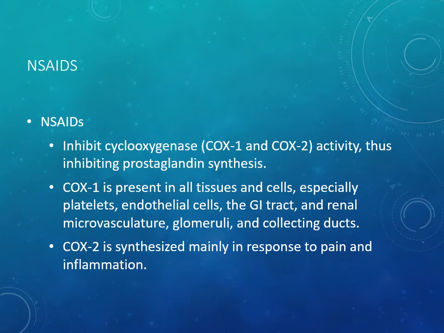However, back in around 2004, two of them, Vioxx and Bextra, were taken off the market because of their increased cardiovascular risks. So the NSAIDs can inhibit COX-1 and COX-2 activity, thus inhibiting prostaglandin synthesis. COX-1 is present in all tissues and cells, and COX-2 is synthesized mainly in response to pain and inflammation.